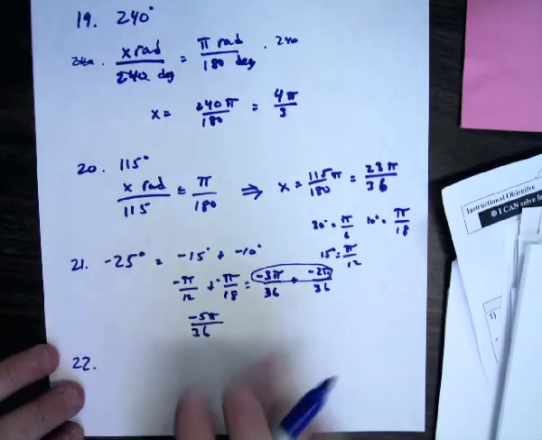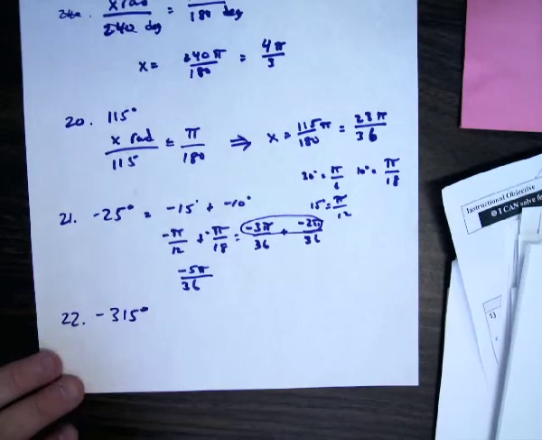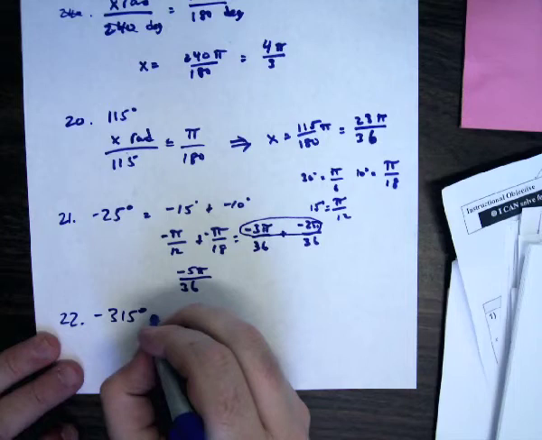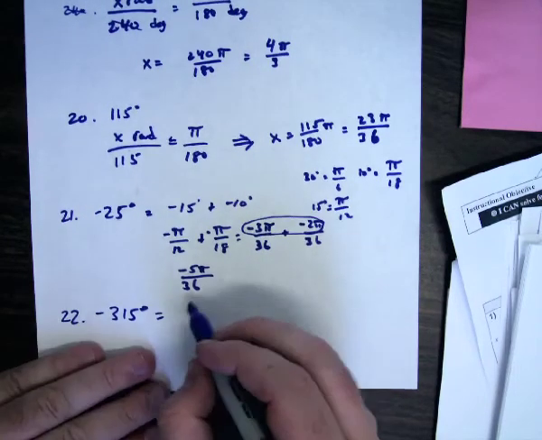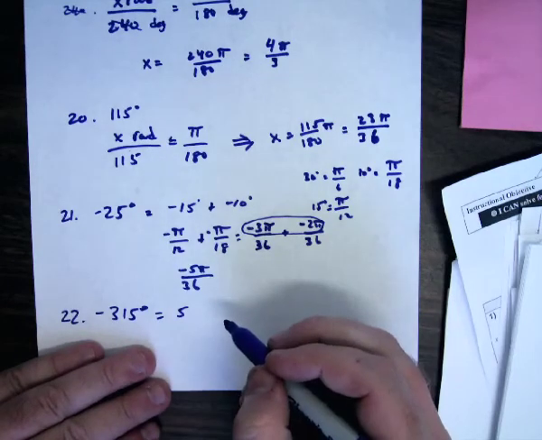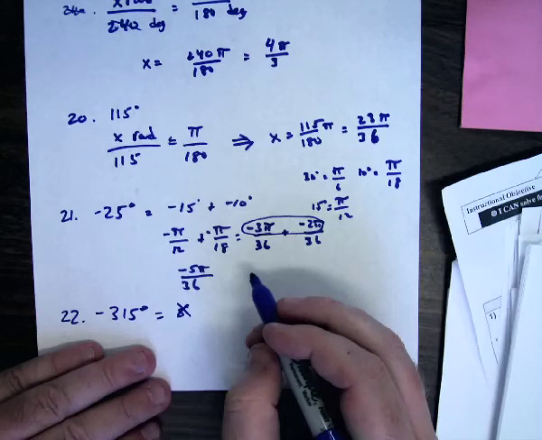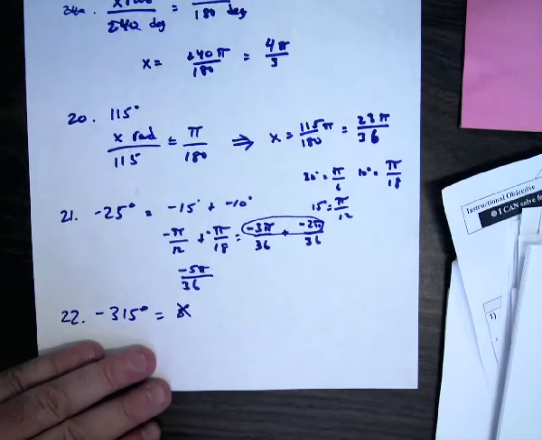22 is negative 315 degrees. Now we did find this in class exactly this way, actually, depending on what class. We could have done 5, 5. That's not right. How many 45s go into 315? 7 of them do.